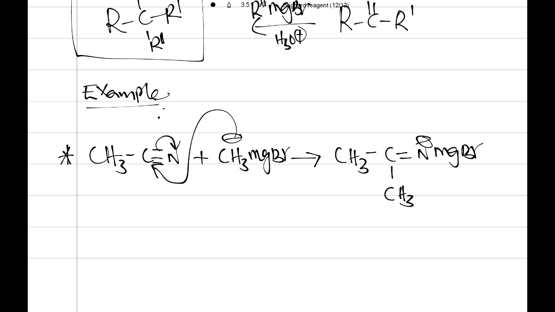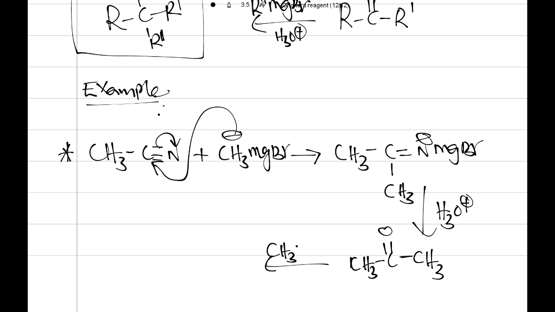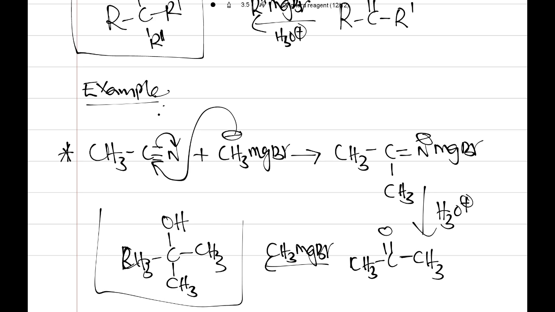When this is attacked by water, that is nothing but hydrolysis, the product is CH3C double bond O CH3. And again I am reacting with another mole of Grignard reagent CH3MgBr, so we can get the product, tertiary alcohol, CH3COH with CH3 and another CH3 here. This is the tertiary alcohol formation taking place.